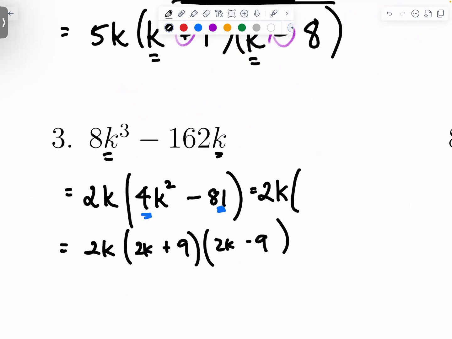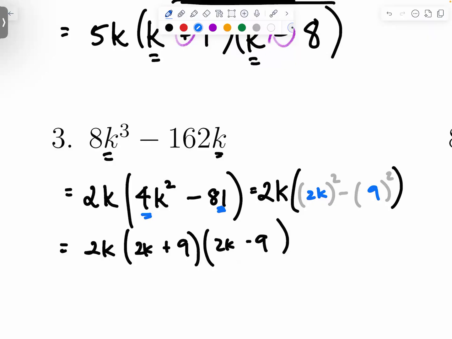You will change the way to look at things temporarily. 4k squared is actually parentheses 2k, parentheses squared. 81, of course, is 9 squared. So you recognize that, ooh, yeah, that's a squared minus b squared.